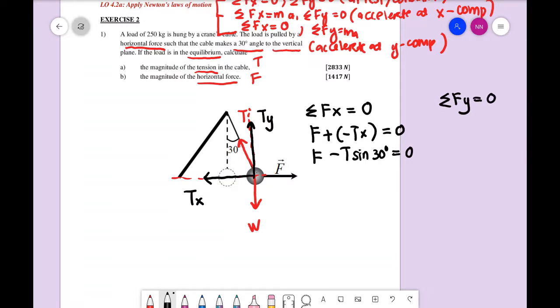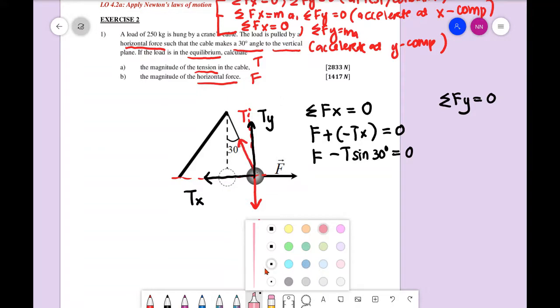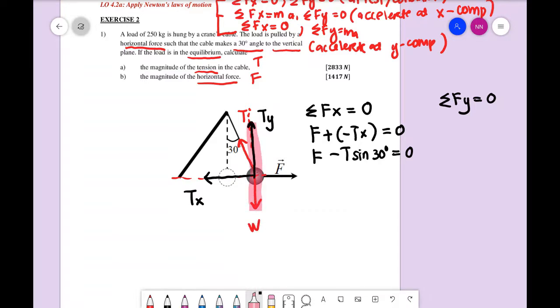Net force y equals to 0, so we have Ty and W. Okay, at this area, Ty and W. Ty upward and plus negative W. W is downward, so it is negative.